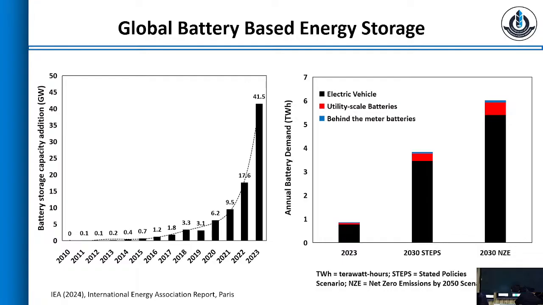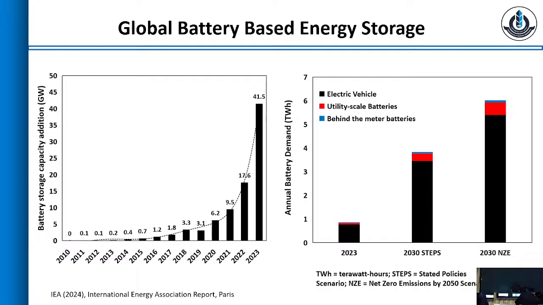Now, if you take a forecast to 2030, NZE means net zero emissions. It means that you basically get rid of all fossil fuels. If all energy devices are based on net zero emissions, then the demand for batteries is going to be very, very high, and most of its application is in electric vehicles, whether two-wheelers or four-wheelers.